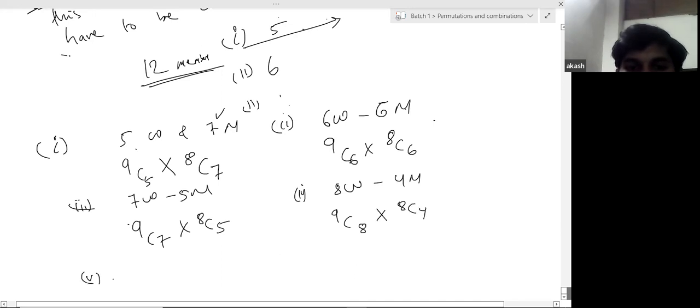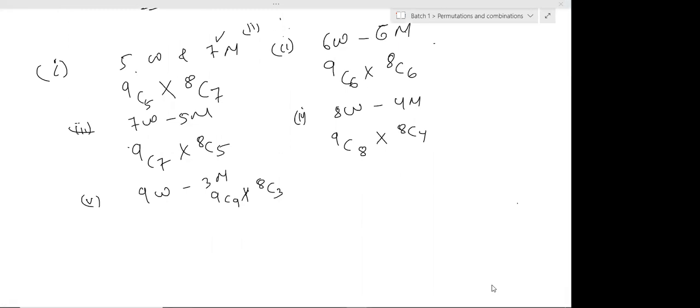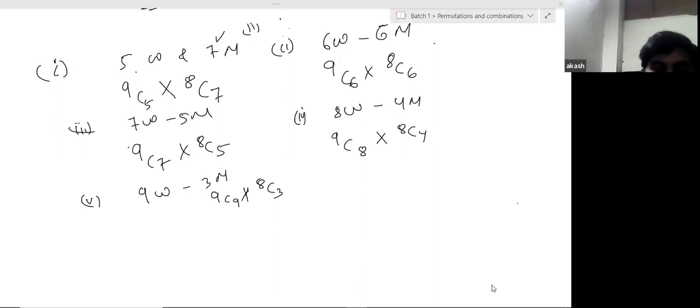In the fifth and last case, 9 women and 3 men. And this is 9C9 into 8C3. So this is the answer to all the parts. Clear, everyone? Yes, sir. All right. Gautam, Ashma, Arsalan, Abdul.